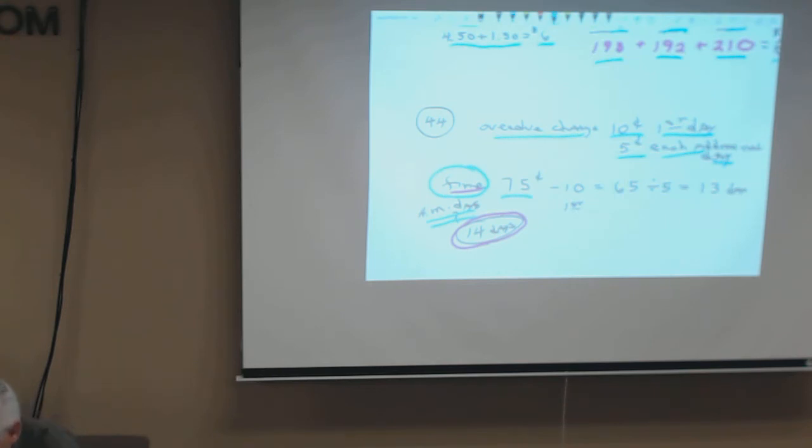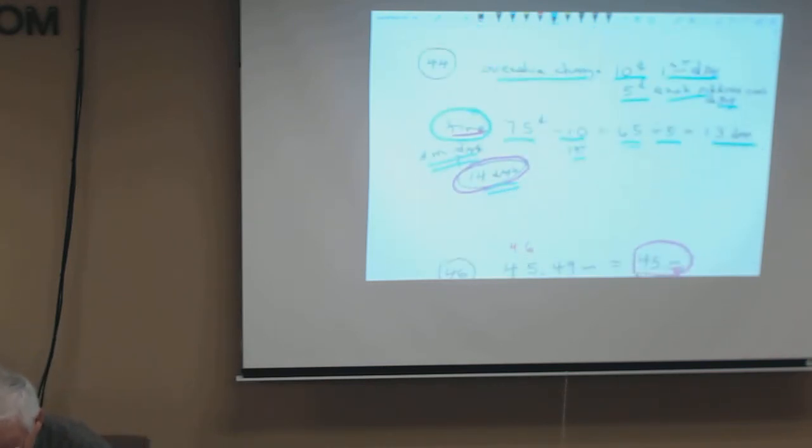Well, 10 cents for the first day, so 75 minus 10 is 65. Agreed? 65 was the rest of the fine, and it was 5 cents a day, so I divide by 5 and I get 13 days. So 13 days plus this day makes a total of 14 days. See, once you extract the information from the paragraph, it works, but if you just try to hold that stuff in your head and figure out what to do, it's not going to work.